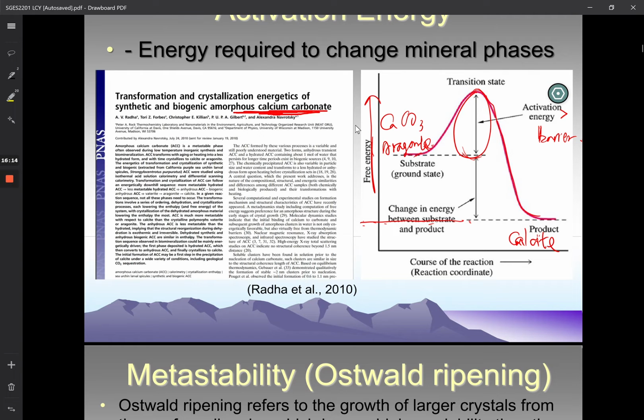And then after aragonite, if there is further transformation, you will get calcite, which is the ultimate or most stable phase among these different calcium carbonate polymorphs. Okay.